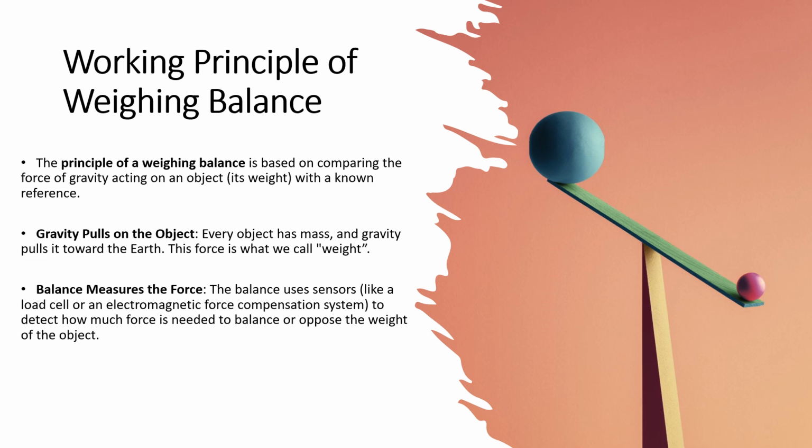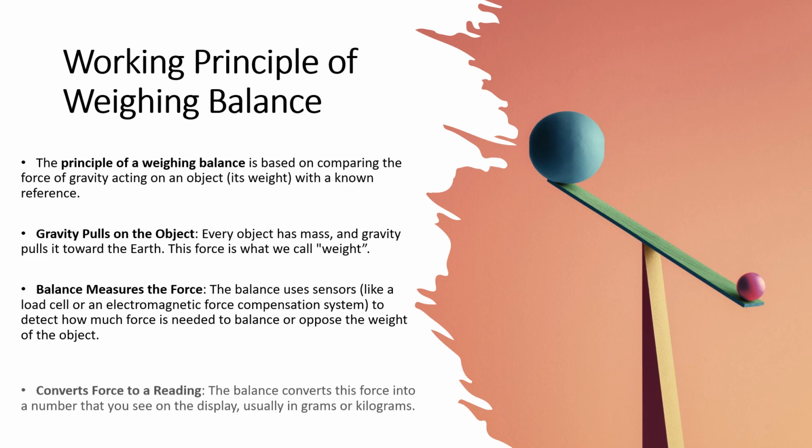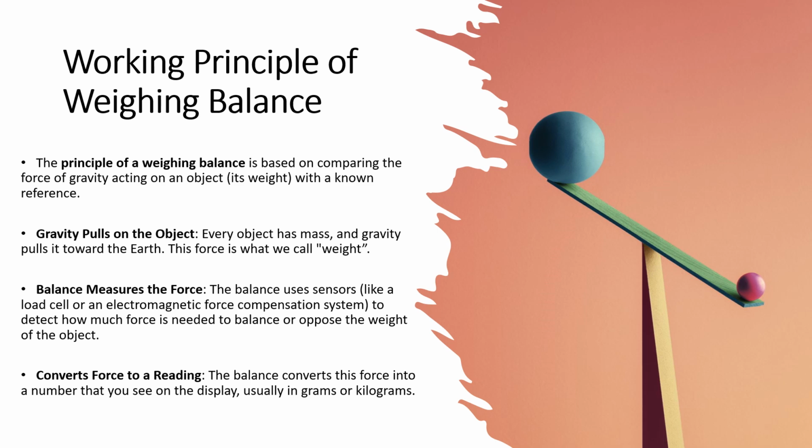The balance uses sensors like a load cell or an electromagnetic force compensation system to detect how much force is needed to balance or oppose the weight of the object. Next, it converts the force to a reading. The balance converts this force into a number that you see on the display, usually in grams or kilograms.